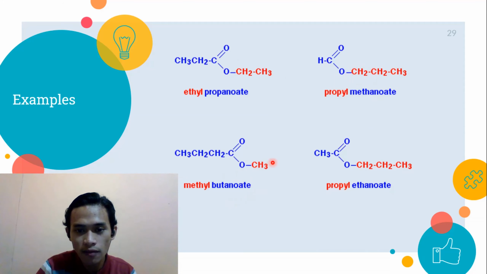The methyl comes from methanol, and the butanoate comes from butanoic acid. And the last is propyl ethanoate. This propyl comes from propanol, and the ethanoate comes from ethanoic acid. The propyl from the propanol replaces the H from the ethanoic acid, so it forms propyl ethanoate by the reaction of esterification.